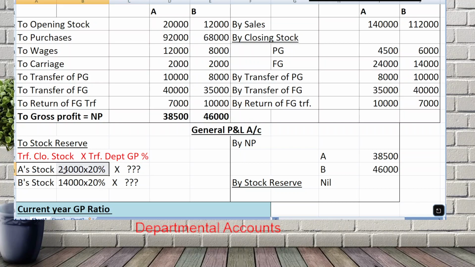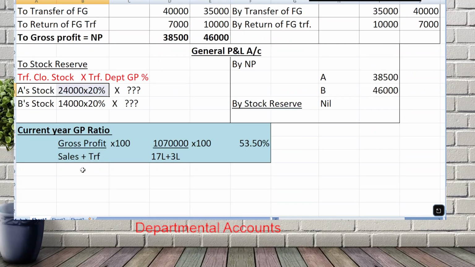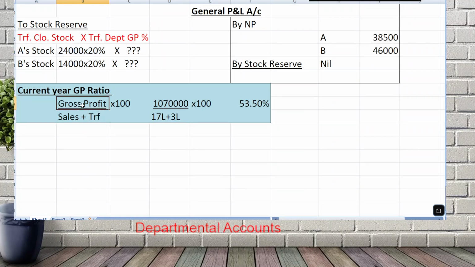Wait, who has the stock? Both have the stock. A transferred to B, B transferred to A. Now we want the GP ratio of both, A's GP ratio as well as B's GP ratio. Be careful in working. Tell me the correct GP ratio.